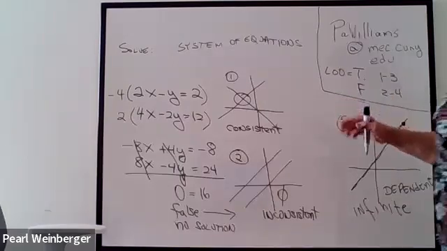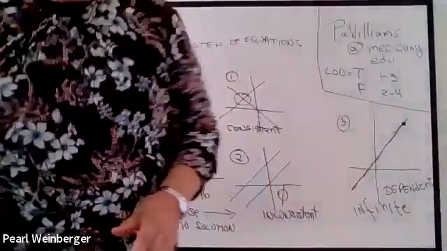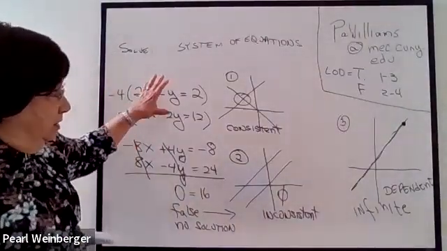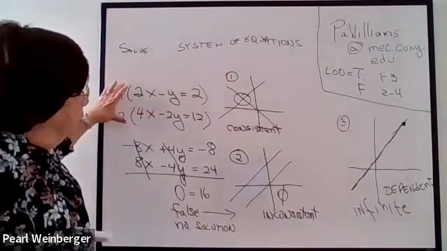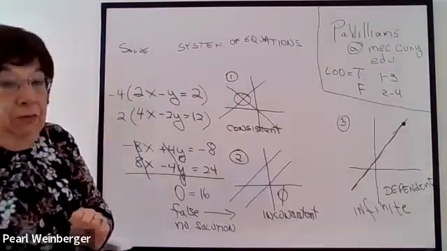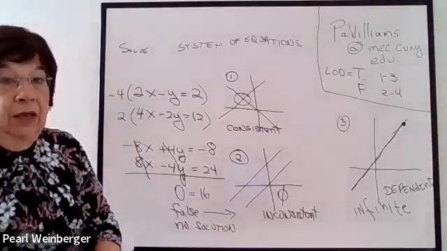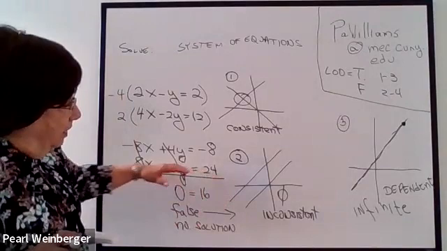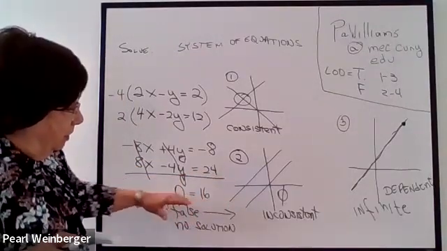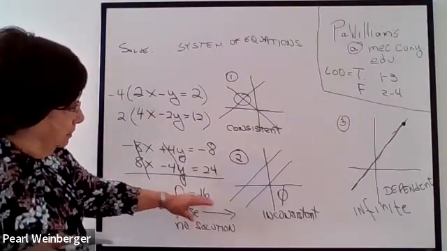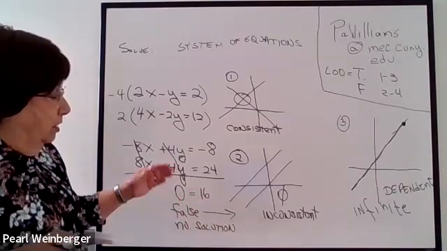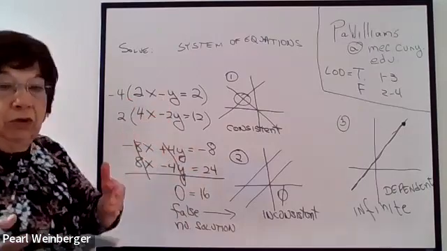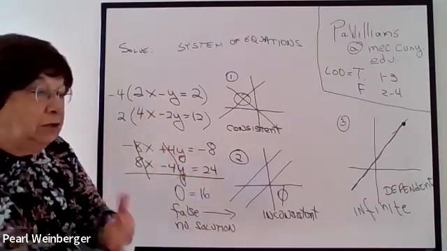So there are two things that can happen when both your variables drop out. Again, the most common situation is that you have one variable dropping out and not both. But if both of them drop out, look at your final statement after they dropped out. If you get something that makes sense, like 0 equals 0, 16 equals 16, 12 equals 12, negative 100 equals negative 100, it doesn't matter.